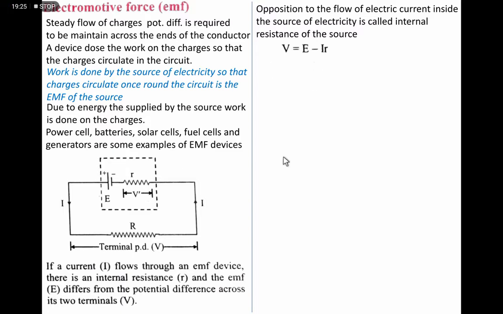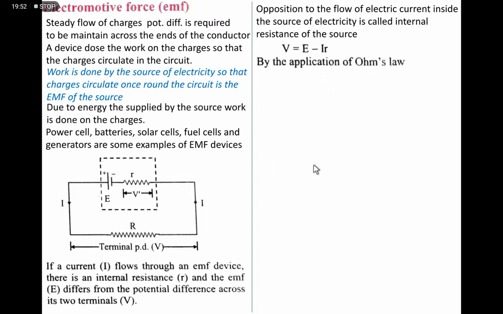I repeat, the potential across this resistance is equal to the EMF of the source minus the potential across the internal resistance of the source. This gives us the external potential, or potential across the conductor, V.